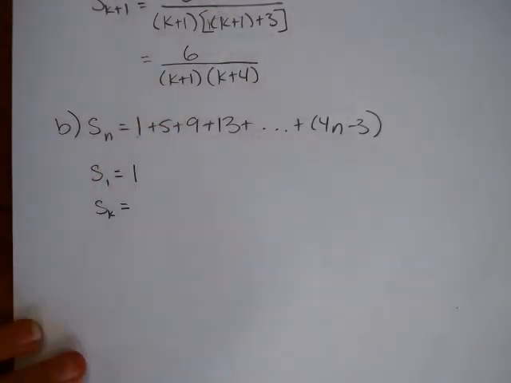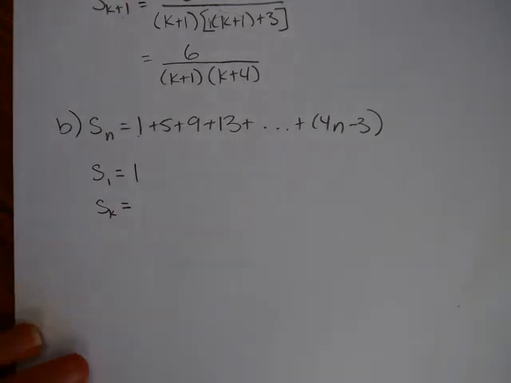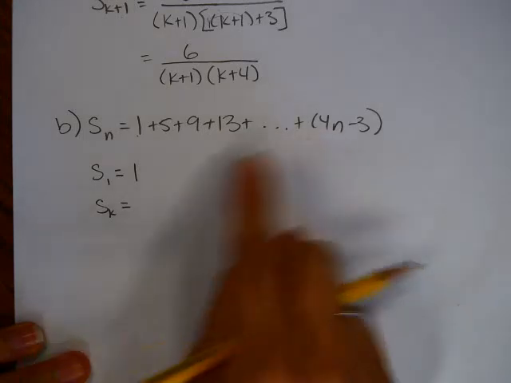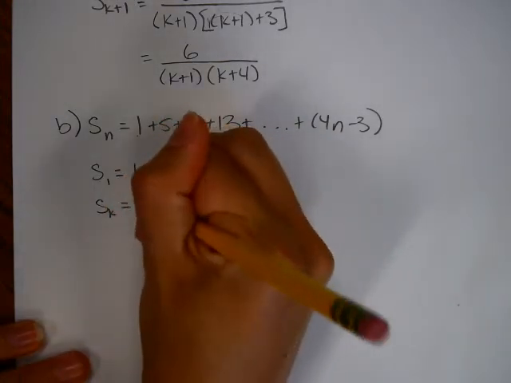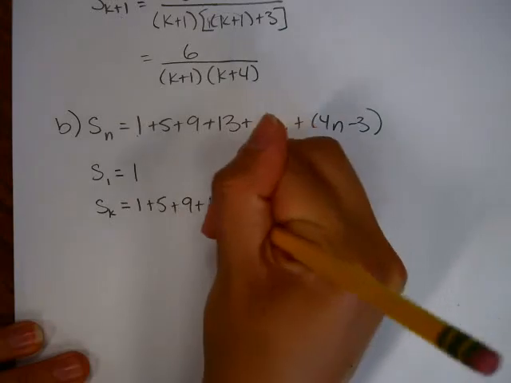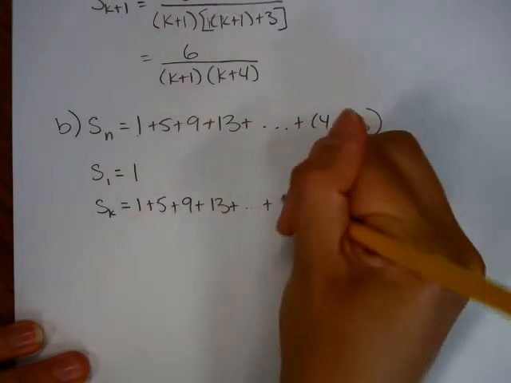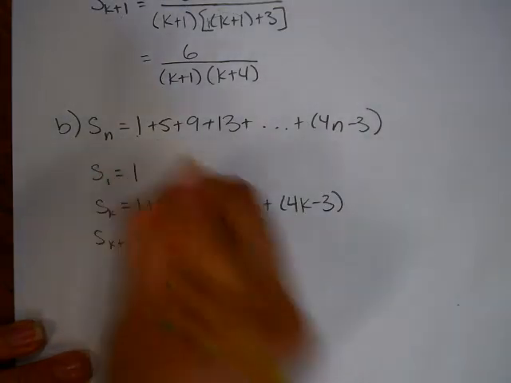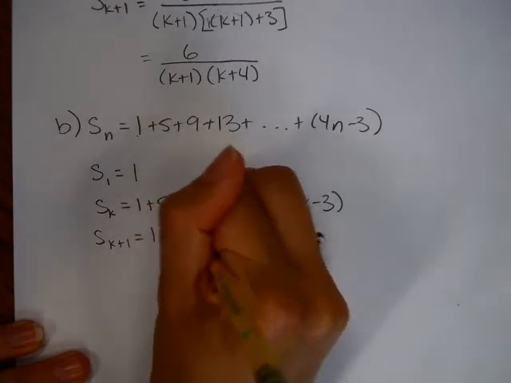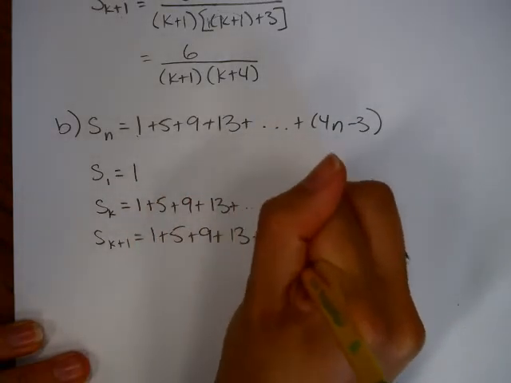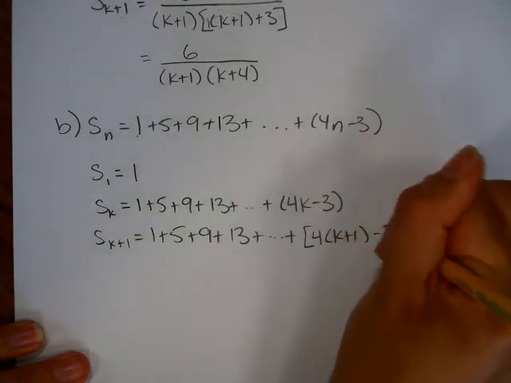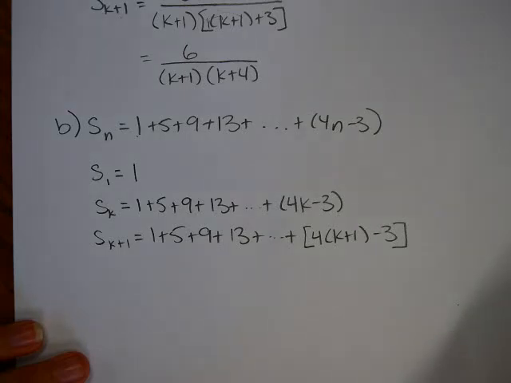Sk would be the sum of the first k terms. So you have to start at 1, go all the way up until you plug in k: 1 plus 5 plus 9 plus 13, all the way up to 4k minus 3. And finally, Sk plus 1: 1 plus 5 plus 9 plus 13, all the way up till 4 times k plus 1 minus 3.